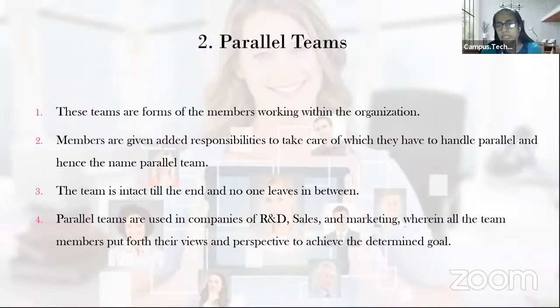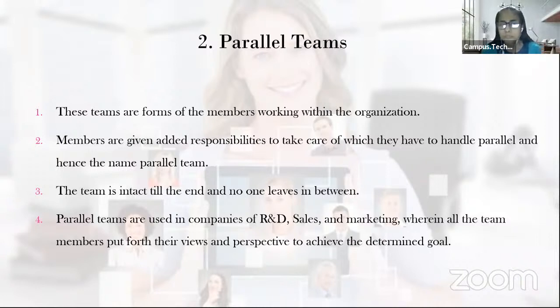Parallel teams are used in companies like R&D, sales, marketing, wherein all the team members put forth their views and perspective to achieve the determined goal. Now, under this team, all the team members have the right to participate in decision making, to present their views and perspective, by which we can achieve the determined goals of the organization or the task which is being given to the team.